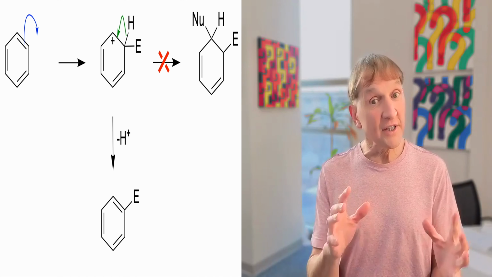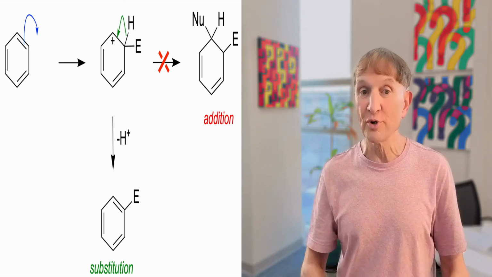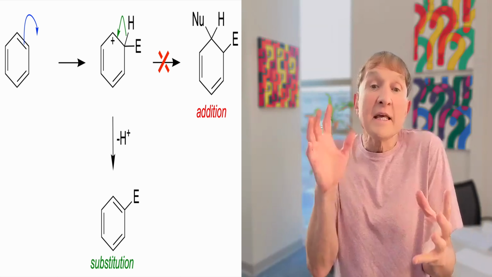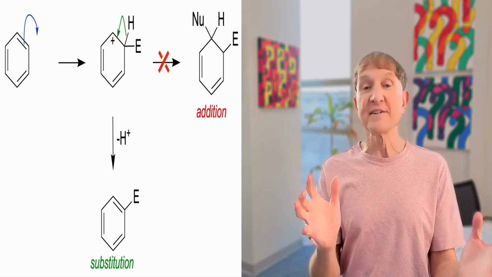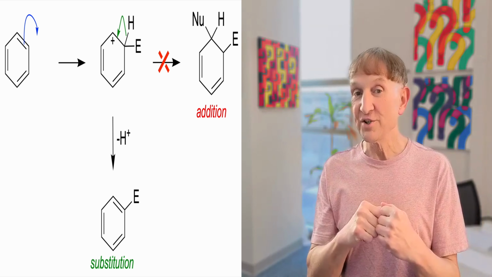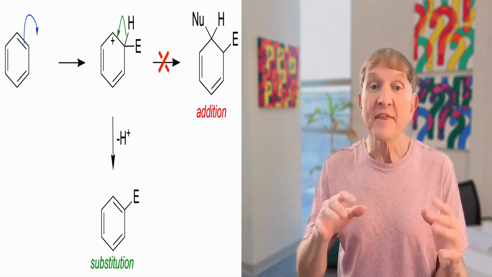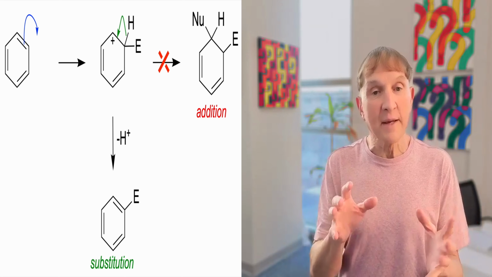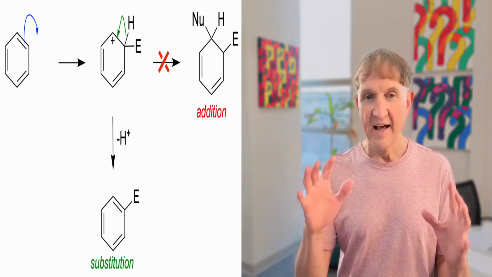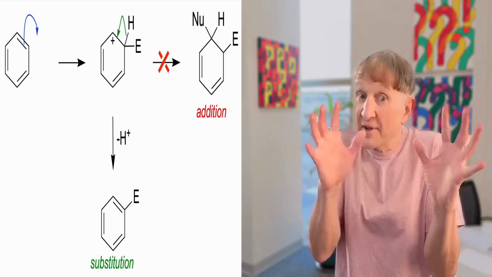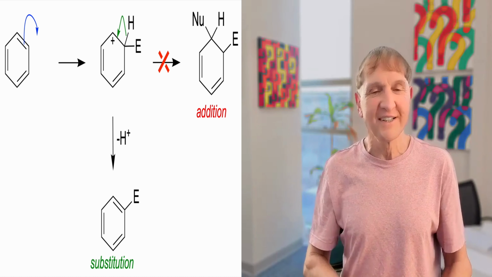So we've got not an addition product, but a substitution product. It's as if deprotonation hijacks the addition reaction and takes it to a substitution, because that way the aromatic stabilization is regained. Electrophilic aromatic substitution is not an addition.